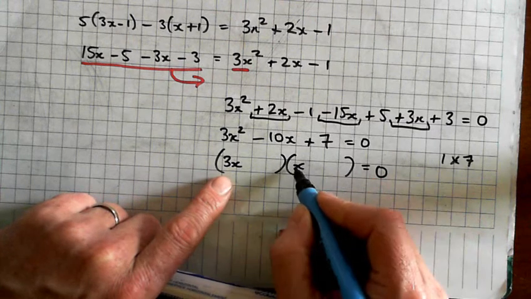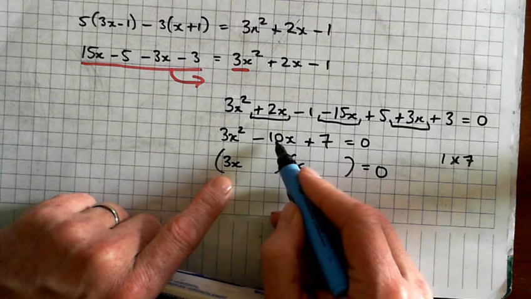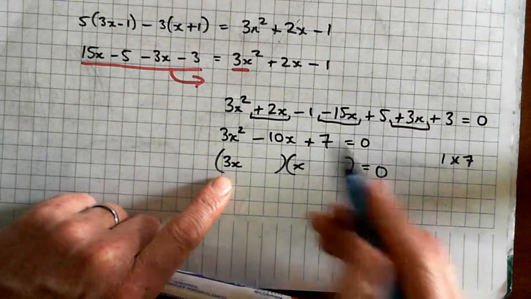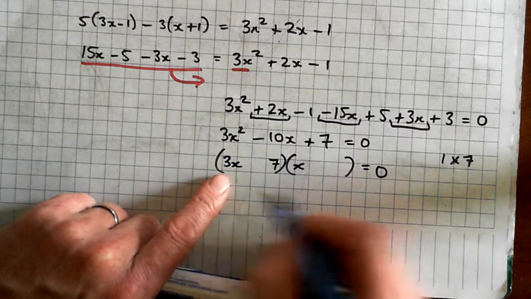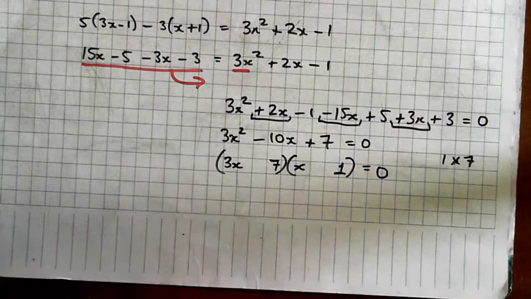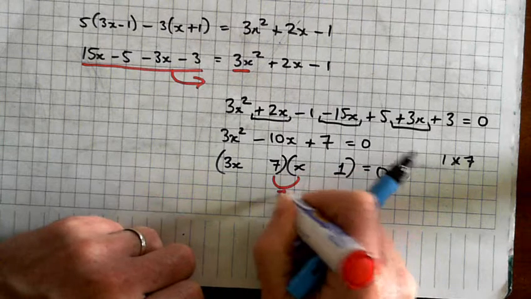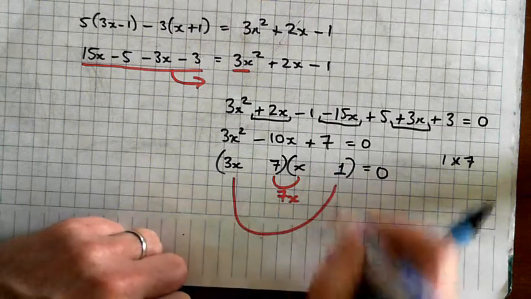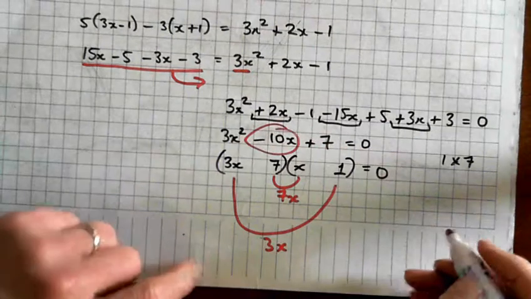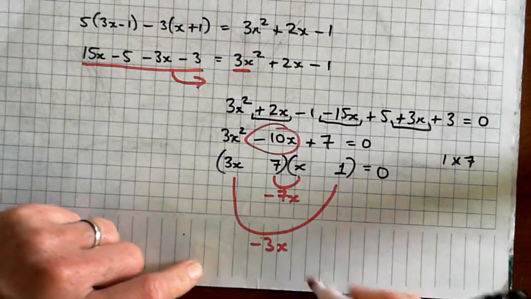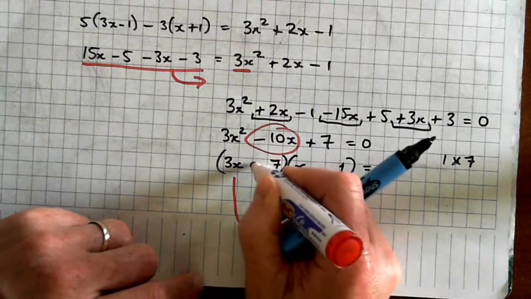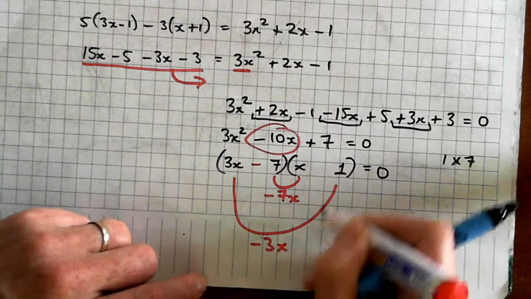And I'll have 1x here. That's way too far away from 10, isn't it? We'll try the 7 here, and we'll try the 1 there. And do the test. So that's 7x and that's 3x. How do I get minus 10? Minus 7 minus 3 gives you minus 10. So the top sign always goes left, the bottom sign goes right.